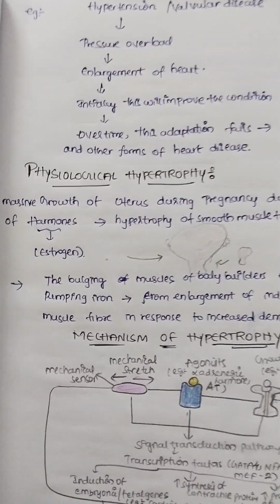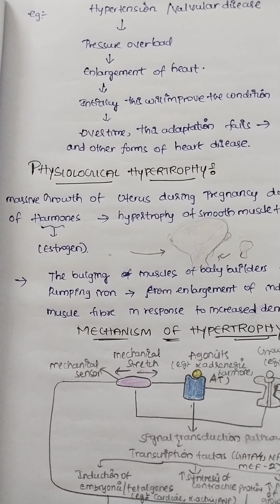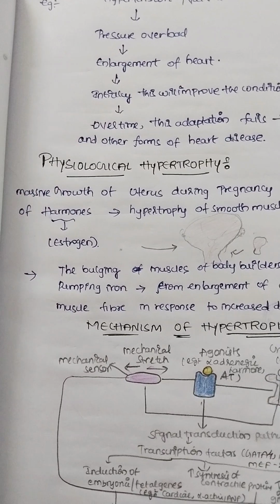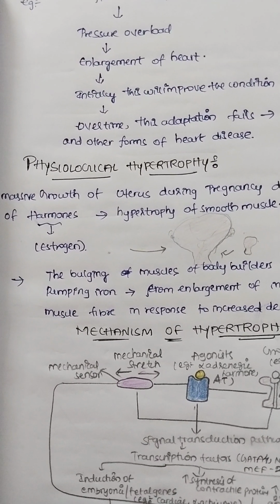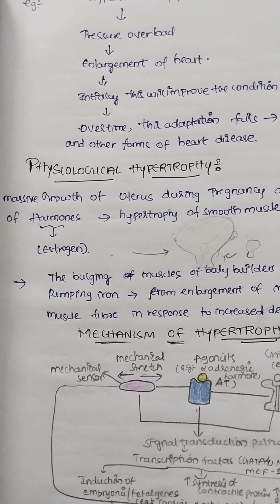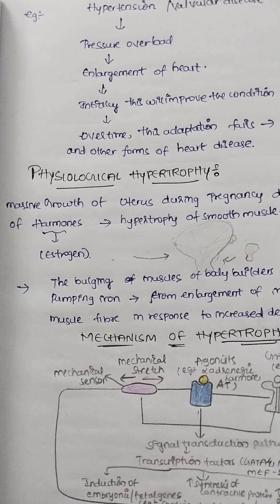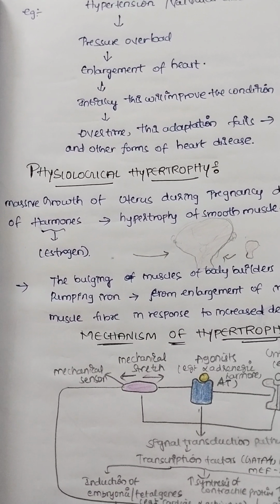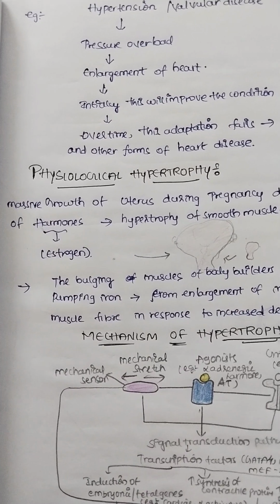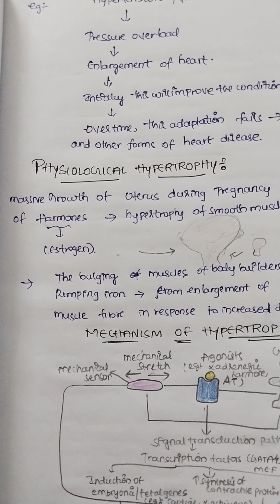Examples of these increased workload conditions are hypertension or valvular disease. In hypertension, pressure will be increasing. We know hypertension is defined as the pressure exerted against the vessel wall. So if there is any pressure overload, then hypertension or valvular disease will be leading. In these conditions, what will happen?